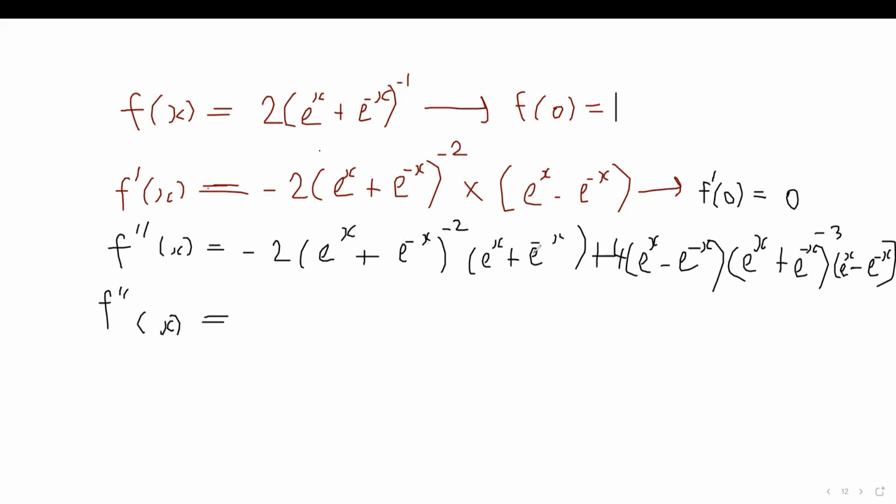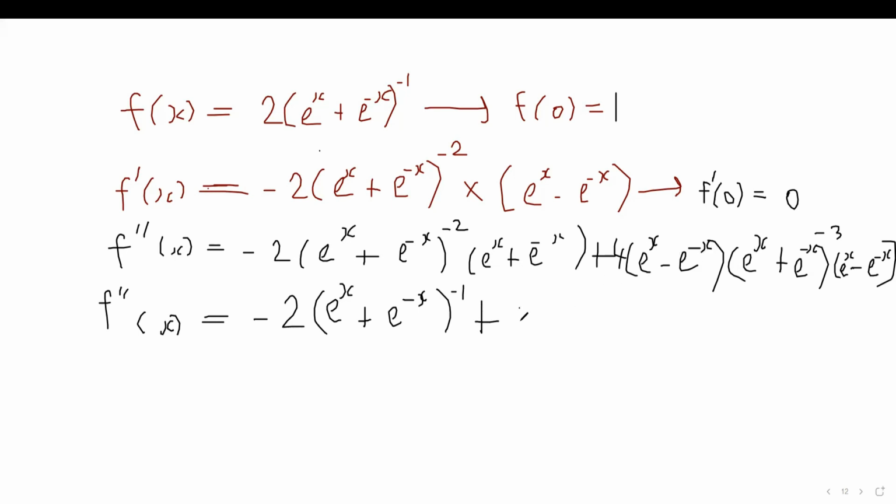Cleaning it up, I can say that this right here, e to the x plus this, you're going to cancel out one of them here. So we can actually say that it is minus 2 times e to the x plus e to the minus x, to the minus 1 power. And this is now plus over here, so now this is going to be squared.